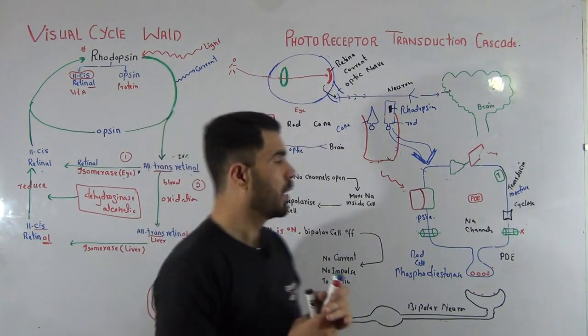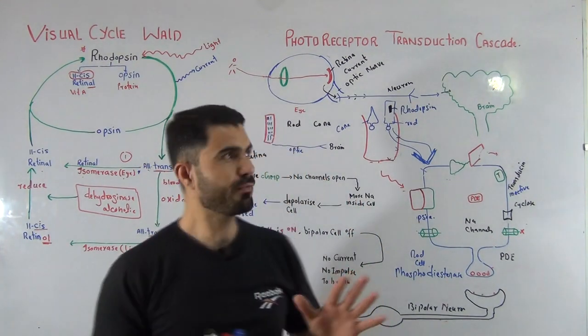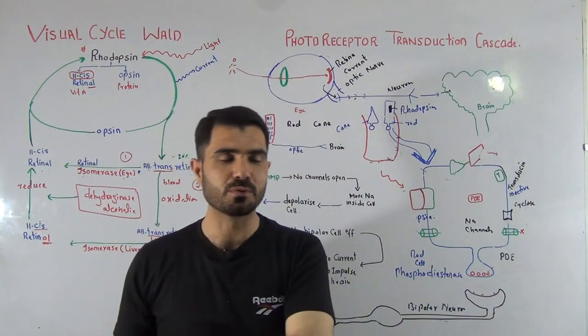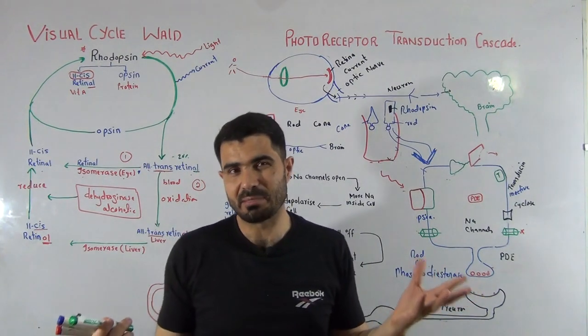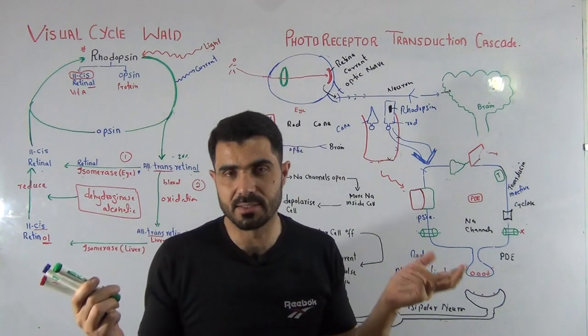What happens in the dark first? Before I start with how current is produced, let me go to the resting state, when there is no light. What happens inside your eye when there is no light?